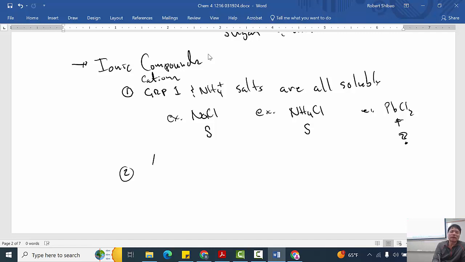For rules 2 through 7, we look at the anion. The first anions that we look at are nitrates, acetates, and chlorates. What was the formula for nitrate? Good. Nitrates. What's the formula for acetate? Good.